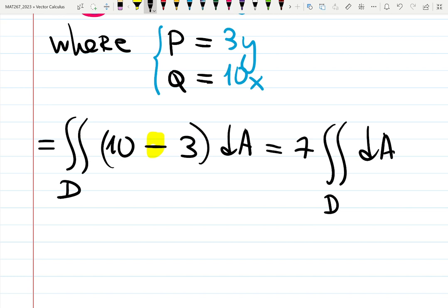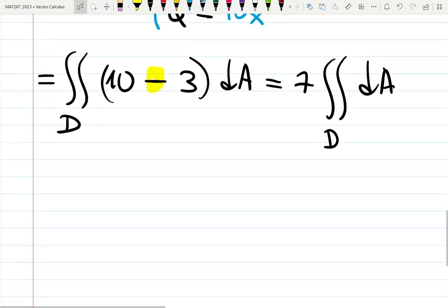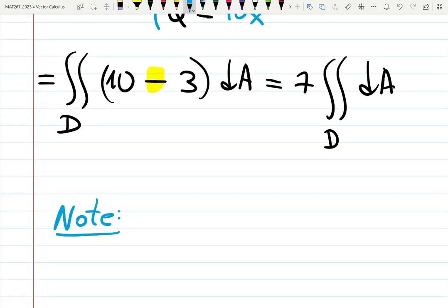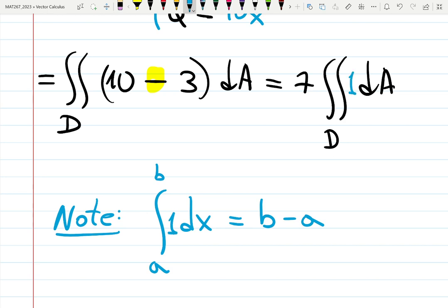So note, let's keep some space so we can finish. Note, a naked single integral from a to b from calculus 1 gives you the length of the interval. Of course, it's not empty, there's a 1 inside, right? You understand.